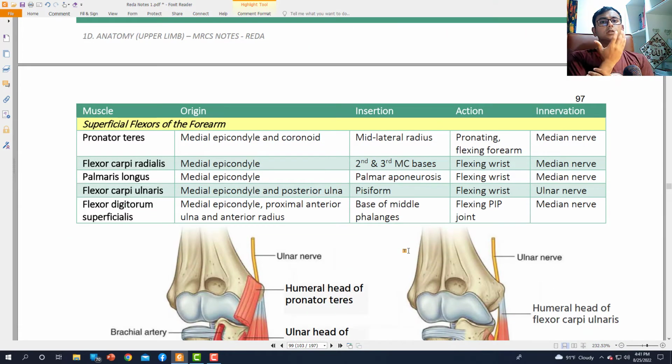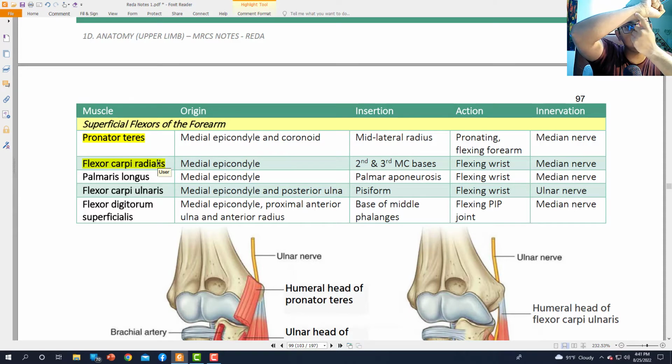Now the compartments of the forearm: there are two groups, the flexor group and the extensor group. If I stand like this, this is my flexor aspect. The flexor aspect consists of pronator teres, flexor carpi radialis, that is, if I move strongly, this is my radius, so the tendon here is called the flexor carpi radialis.